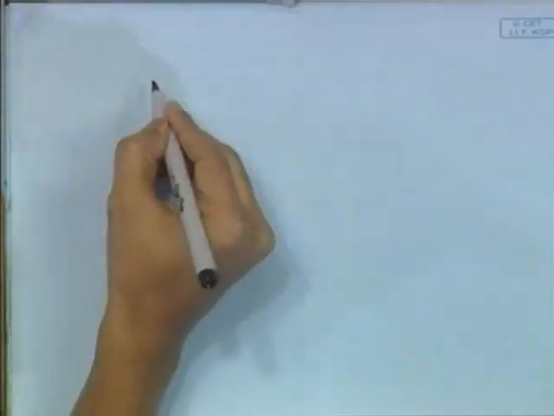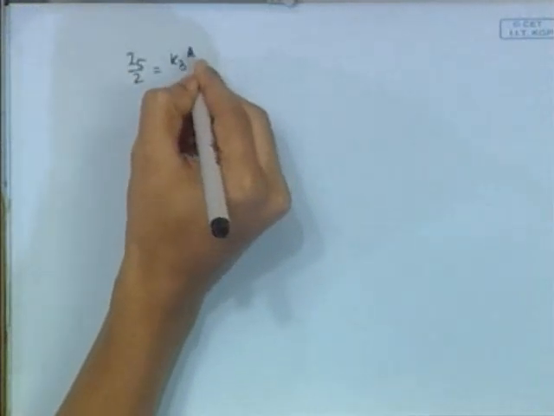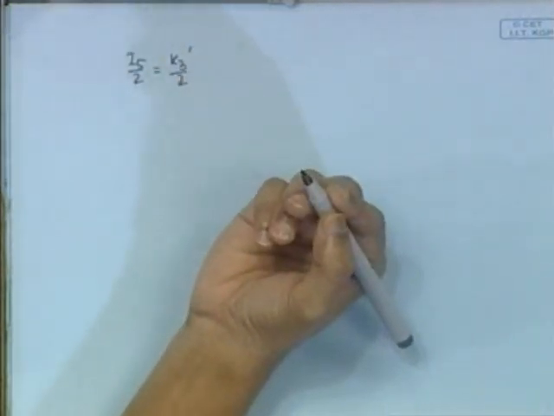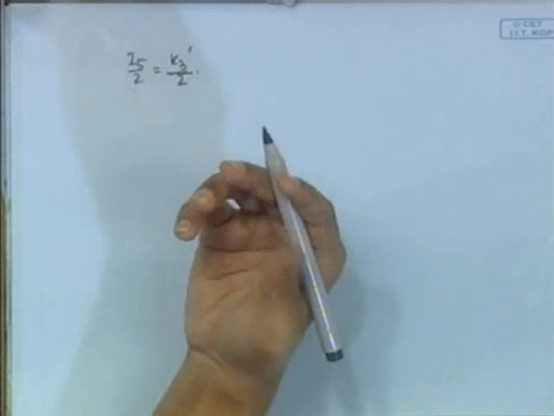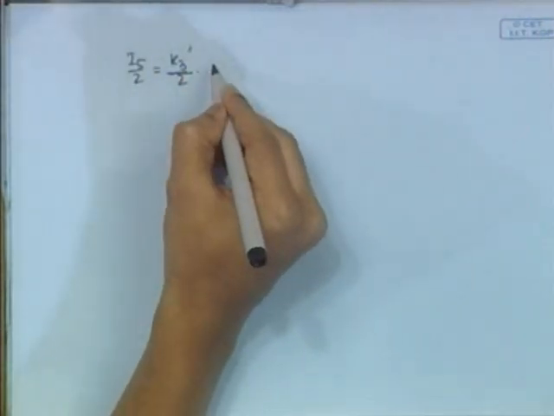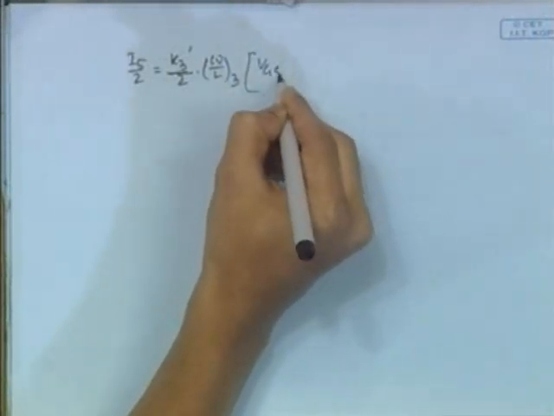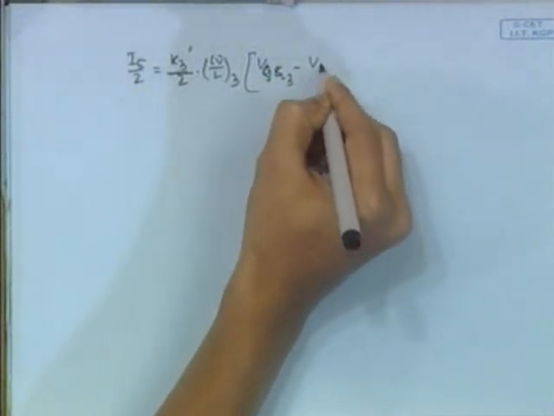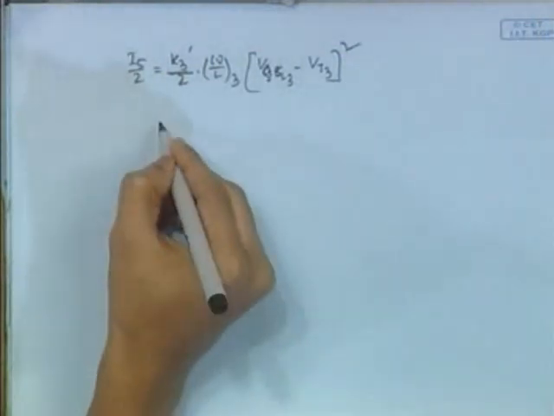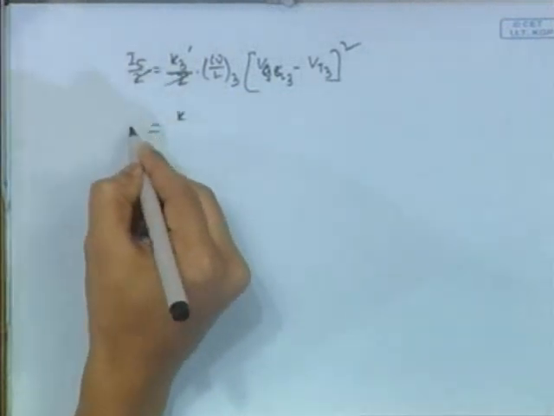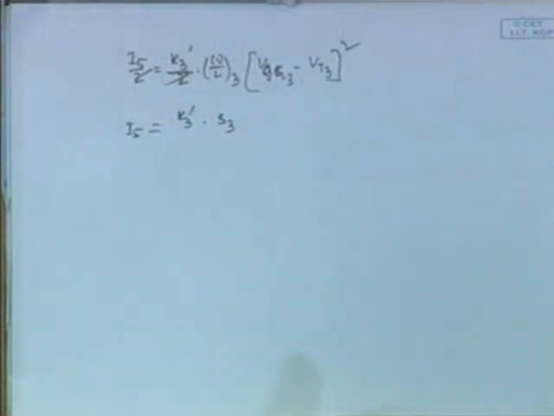M3 means basically I5 by 2 equals K3 dash, that is basically the mu and Cox product, which is constant for PMOS and NMOS and is given to you from the process data, then W by L 3 into (VSG3 minus VT3) squared. So I5 is basically K3 times the aspect ratio W by L, which I am just writing as S, times that square.